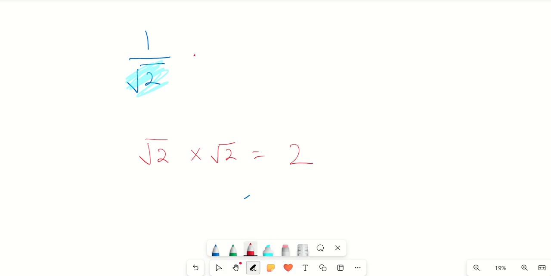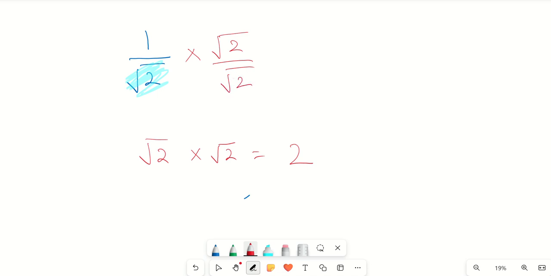But I can't simply multiply it with root 2 because I'm changing the number. I have to convert the denominator into rational but without changing the number. Acha, tell me one thing. I can multiply anything by 1. My 1 is the multiplicative identity. And what is root 2 by root 2?